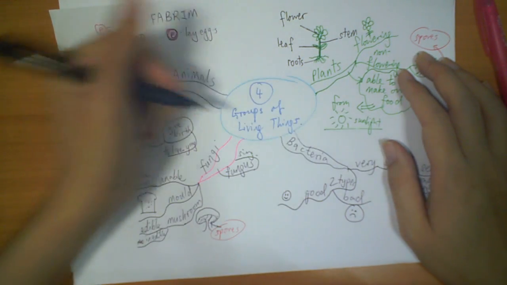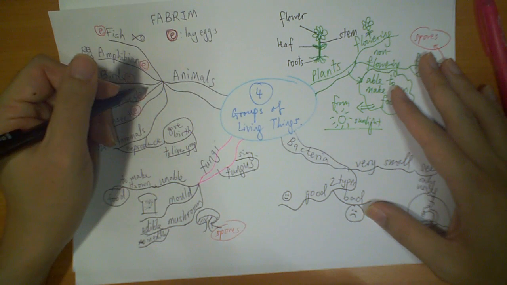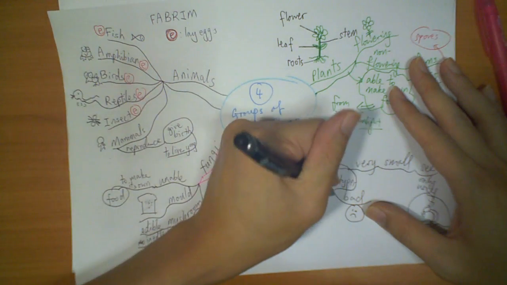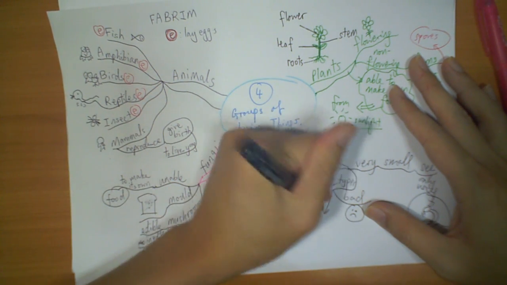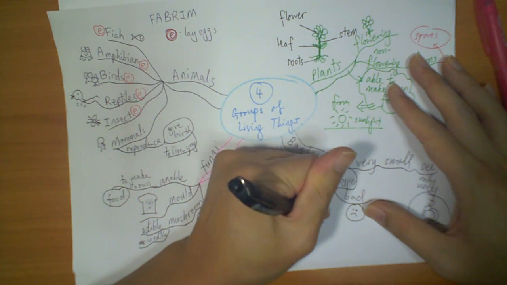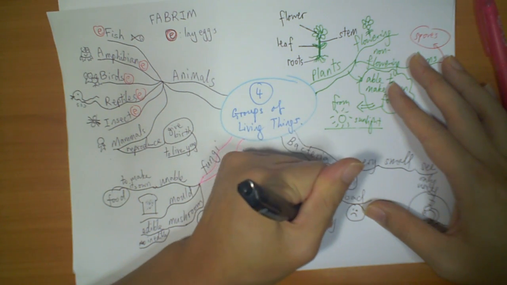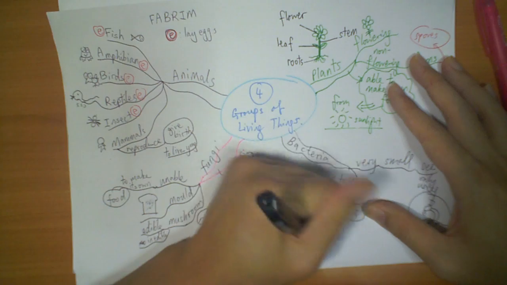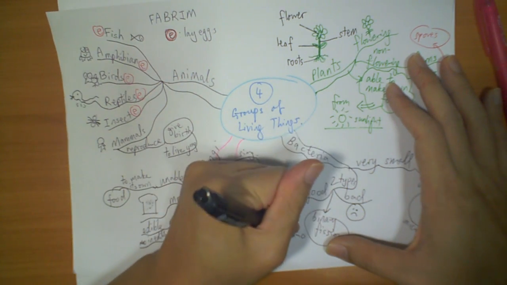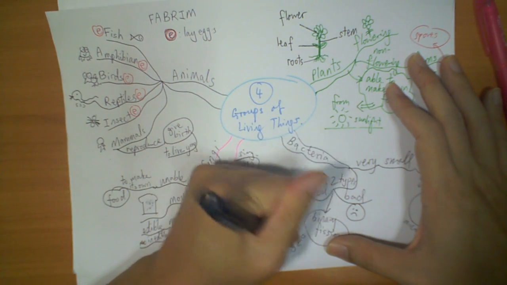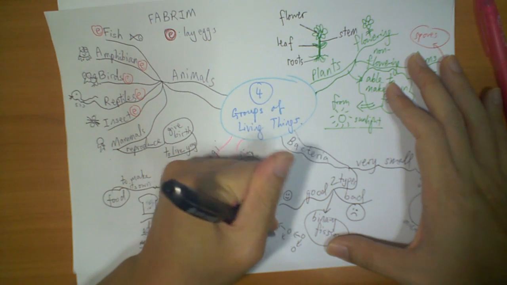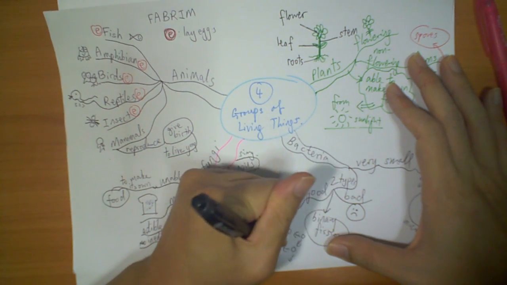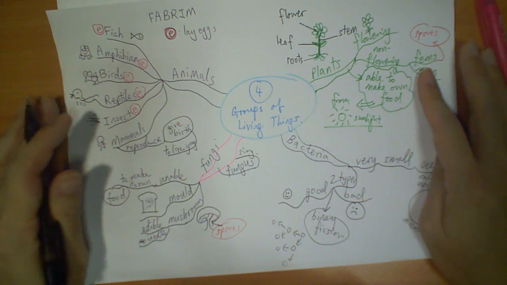Now, bacteria reproduce by binary fission, which is cell splitting. Okay, that is how they reproduce. One bacterium becomes two bacteria, becomes four bacteria. That is how bacteria reproduce.